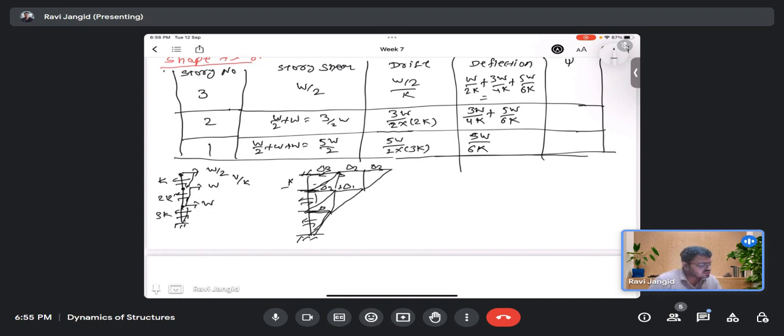So if I'm adding that, that will come out to be 25W by 12K. That is coming out to be 19W by 12K.